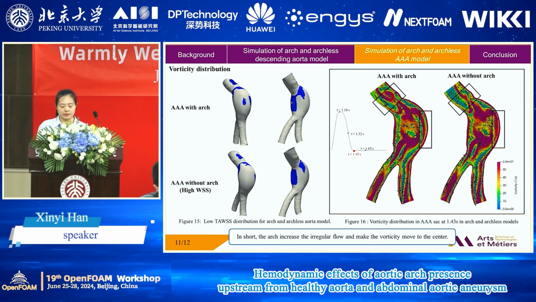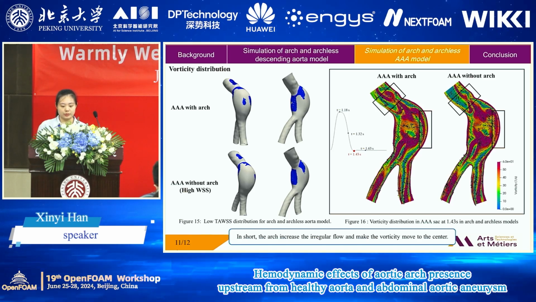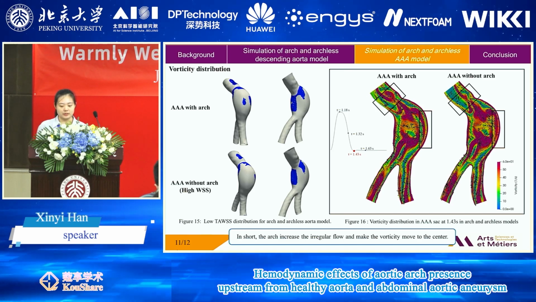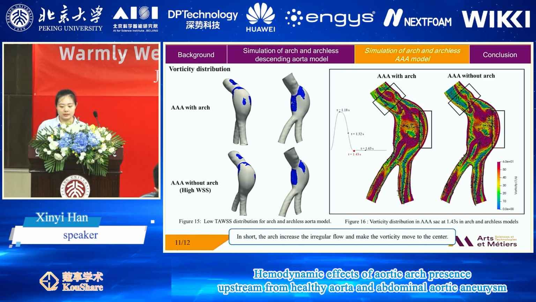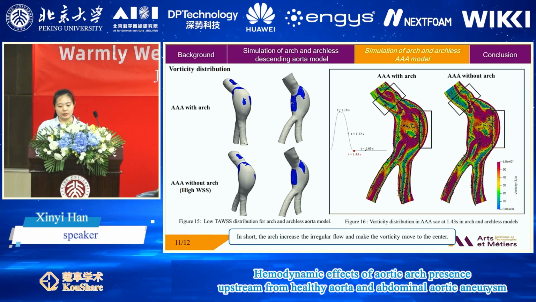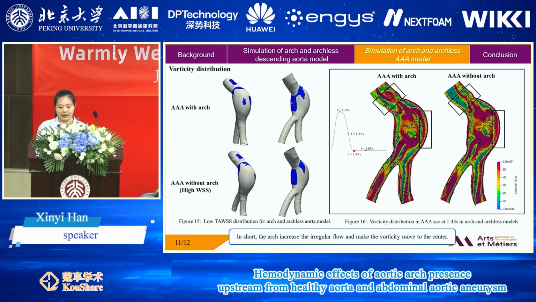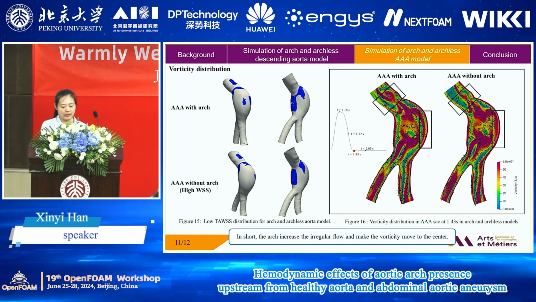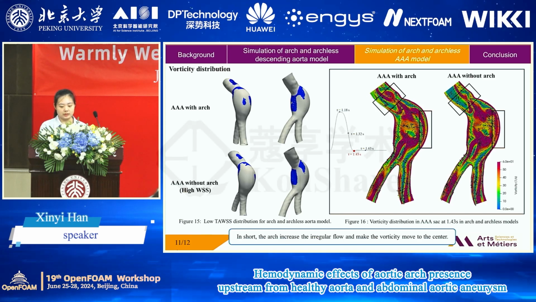The main difference in vorticity distribution occurs around the neck and the maximum diameter of sac. In the arch aneurysm model, because of the arch effect, the blood flow from the arch increased the irregular flow around the neck and moved the vorticity far away from the vessel wall.